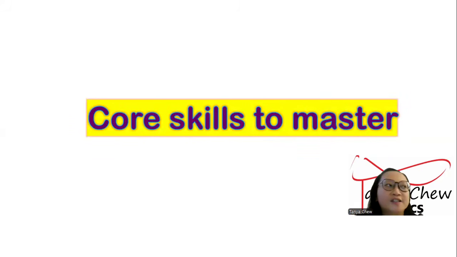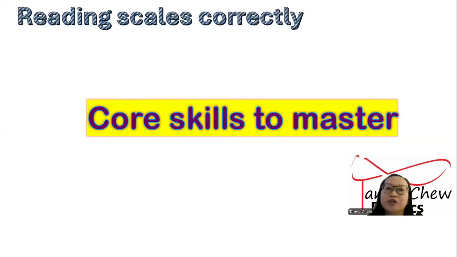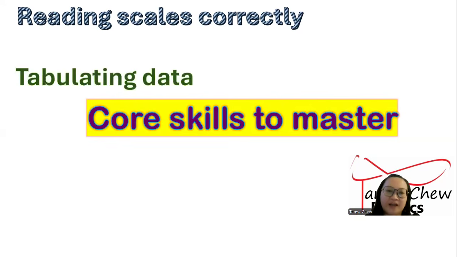First thing about IGCSE Paper 6 is the core skills that you need to master. First, you need to know how to read the scale from the apparatus, and more importantly, reading the scale correctly. Not just reading it, but reading it correctly. Second is tabulating your data.